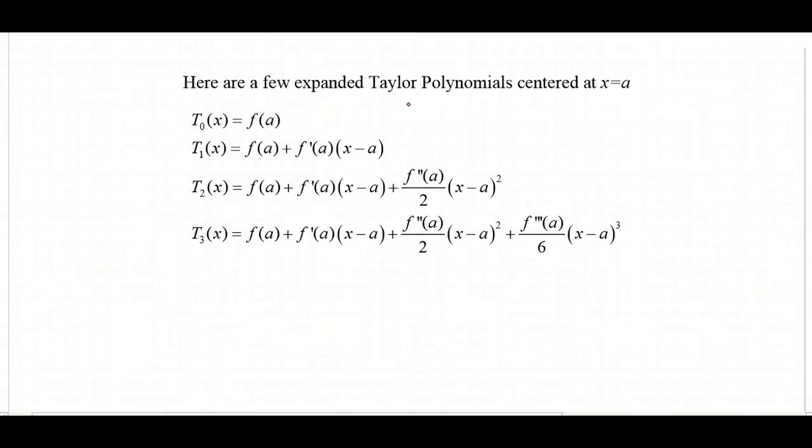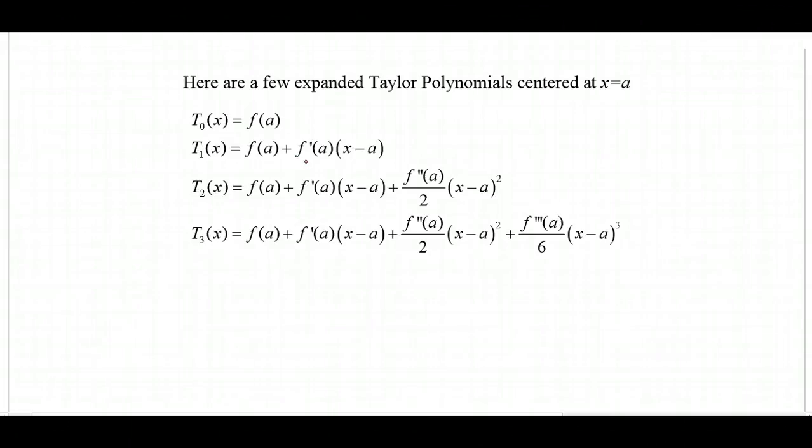So here are a few expanded Taylor polynomials centered at x equals a. Even though it's kind of uninteresting, we do discuss the idea of a Taylor polynomial of order 0, which is really just f of a, the function value at a. The first order Taylor polynomial, as we mentioned, is the linear approximation: f of a plus f prime of a times x minus a.